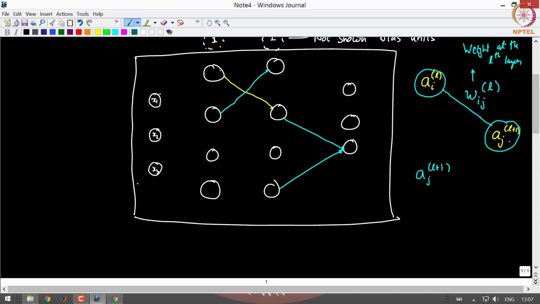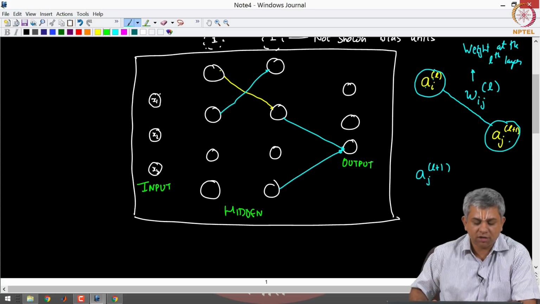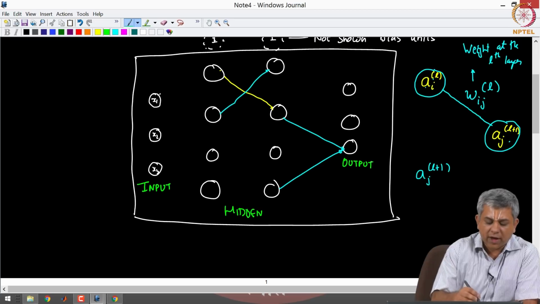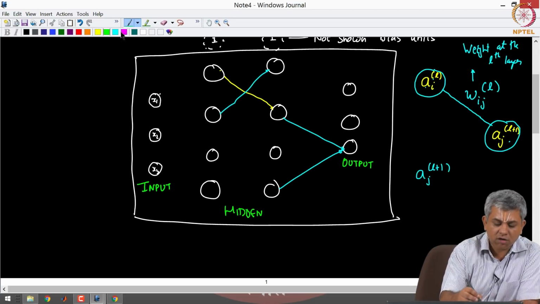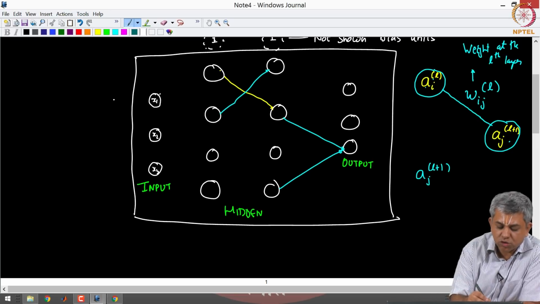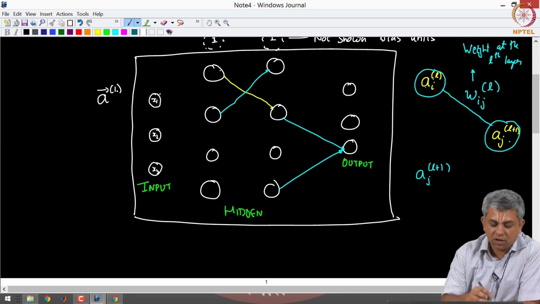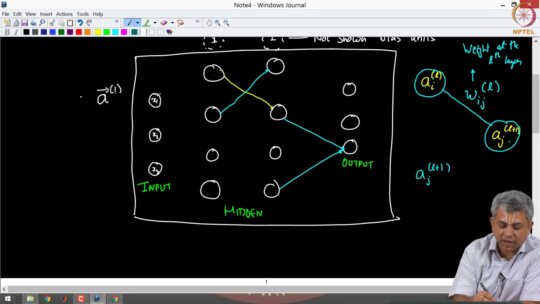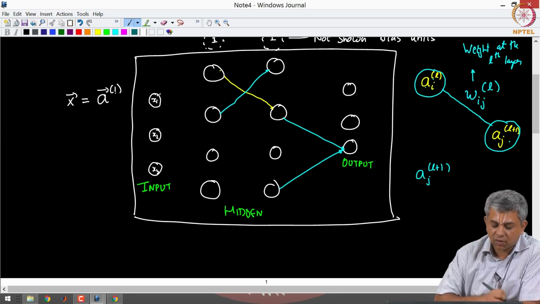Remember, this was the input layer, these are the hidden layers and this is the output layer. Okay. Now, depending on what notation scheme you choose, you can call this x1, x2, x3, or some people, and I will also do so, we choose to call it A vector at level 1. Okay. So, level 1 simply is the input vector. Okay.